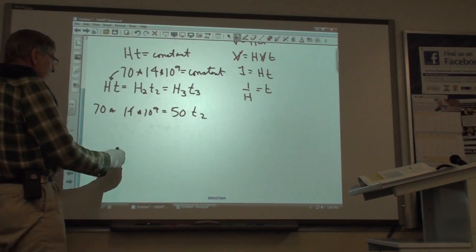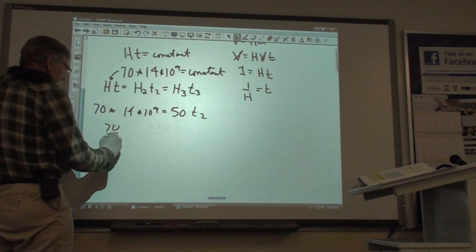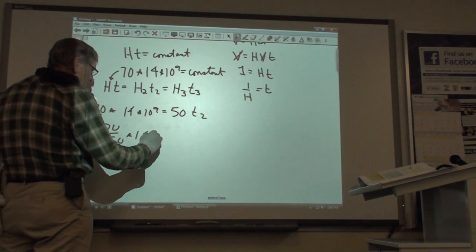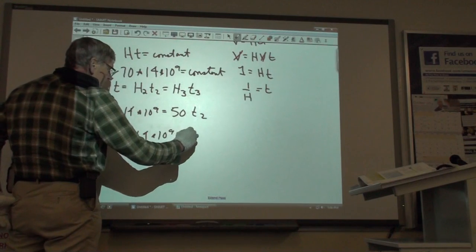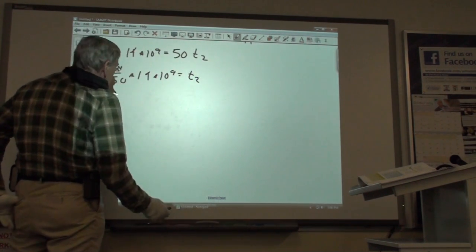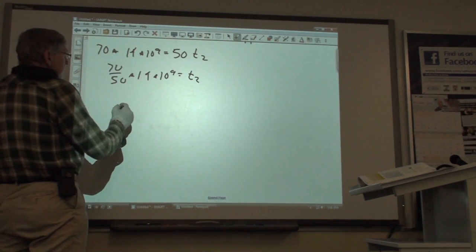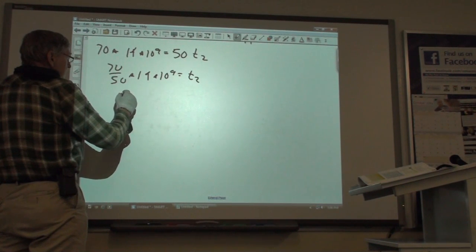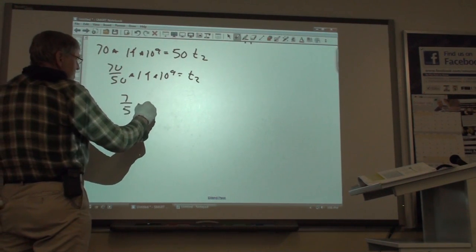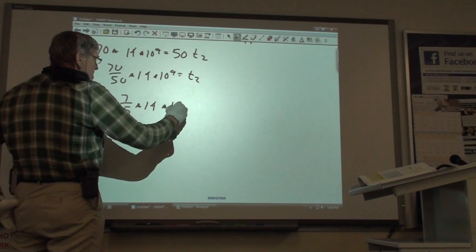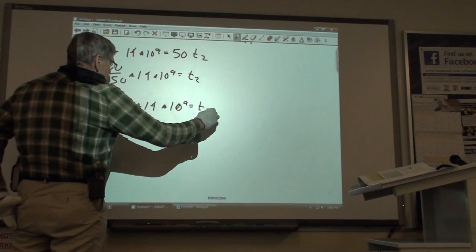If we divide both sides by 50, we get 70 over 50 times 14 times 10 to the 9th is equal to our new time. This would be 7 over 5 times 14 times 10 to the 9th equals our new time.